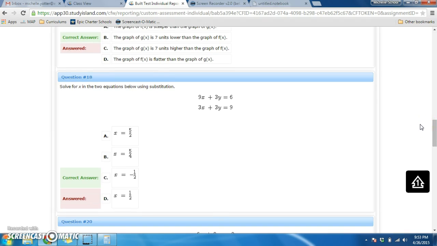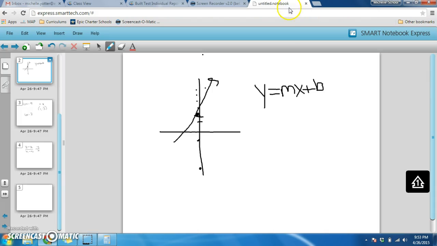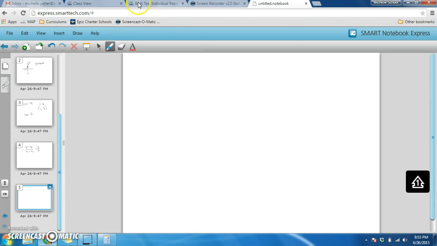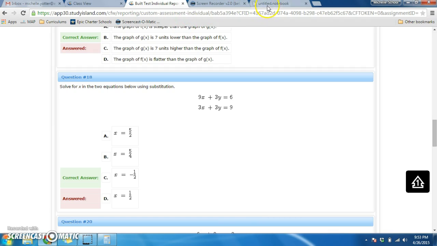Solve for X in the two equations using substitution. Remember, I told you you don't have to use substitution. They want you to solve for X, so we need to get rid of Y. So we have 9x plus 3y.